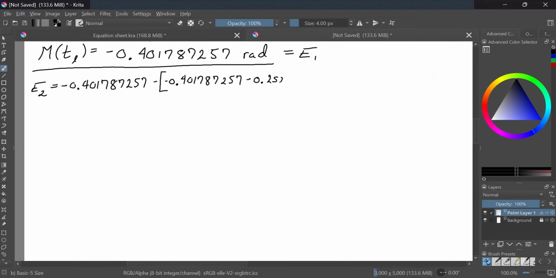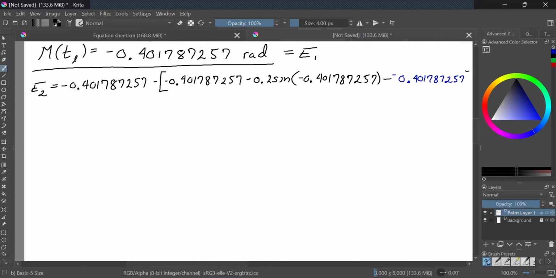minus e times the sine of E, so 0.2 sine of 0.401787257 minus M minus 0.40178727.